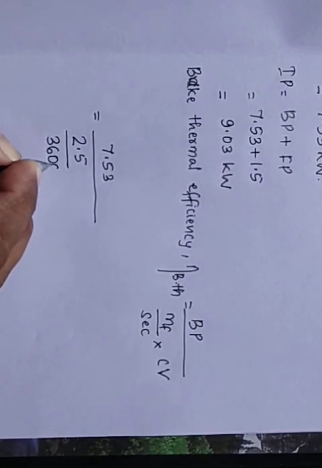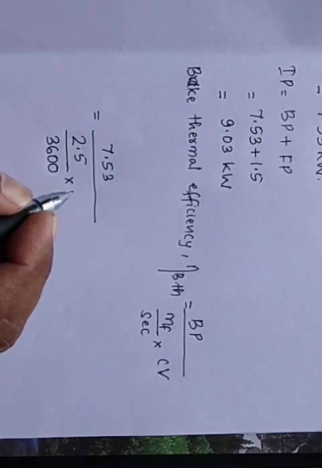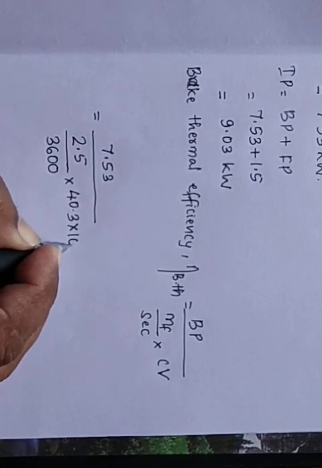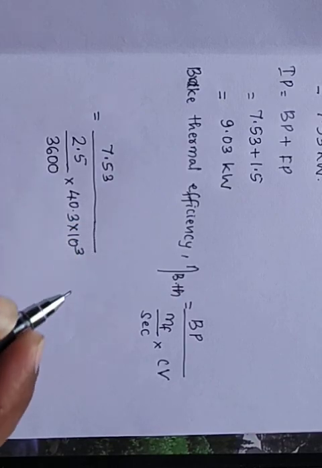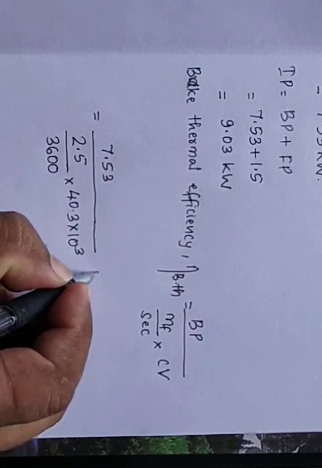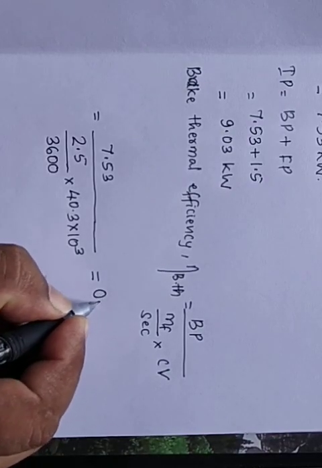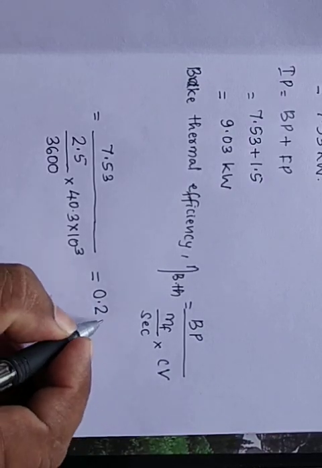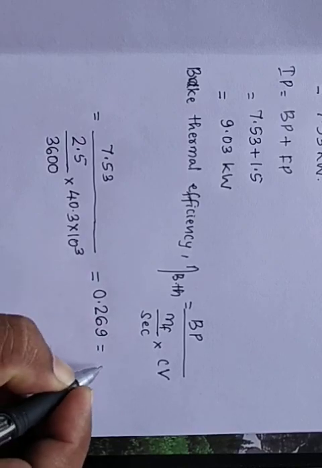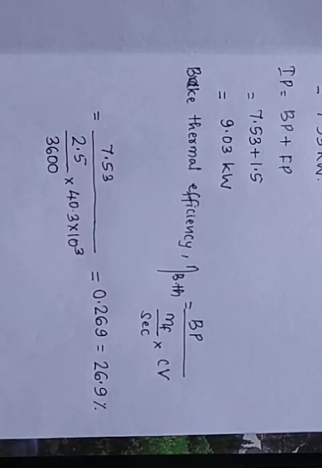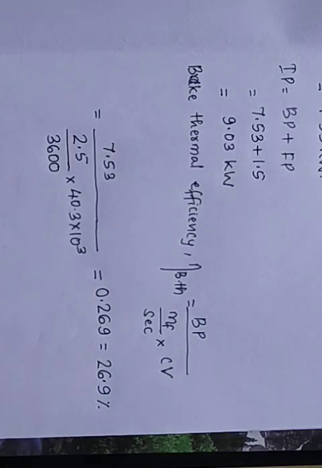So divided by 3600 into calorific value, that is 40.3 into 10 to the power 3. So you get the answer as 0.269 or 26.9%.